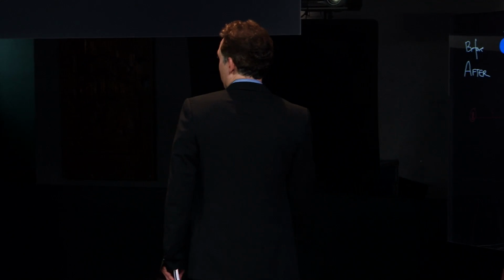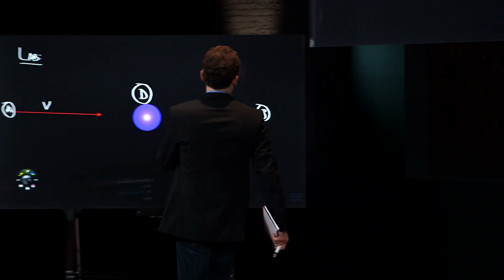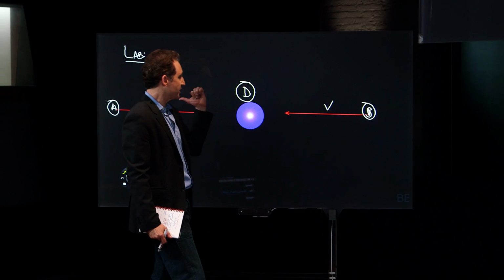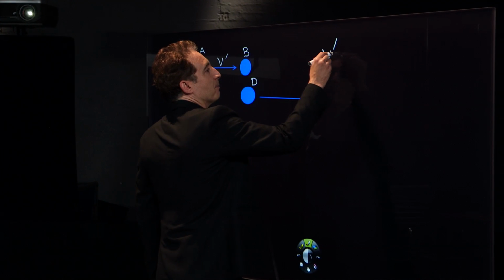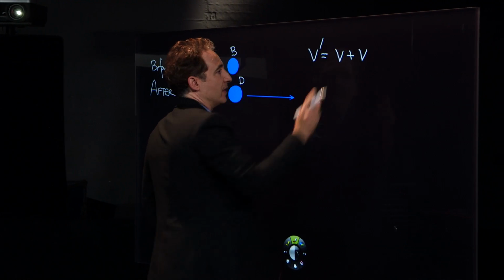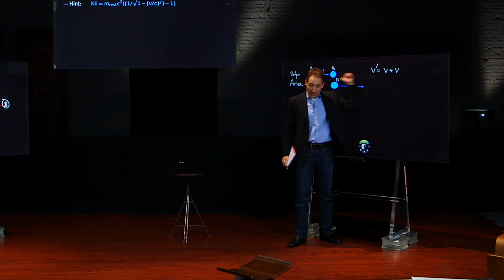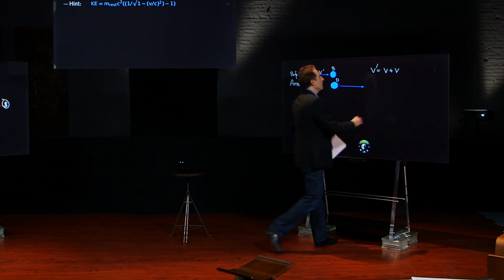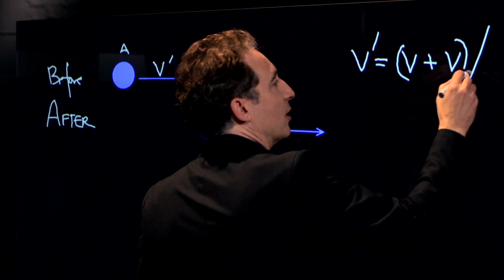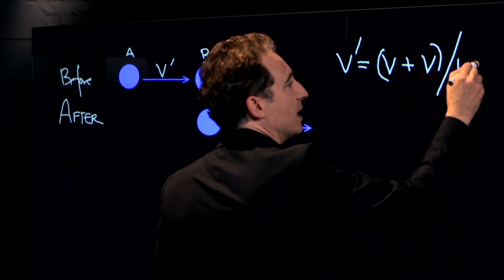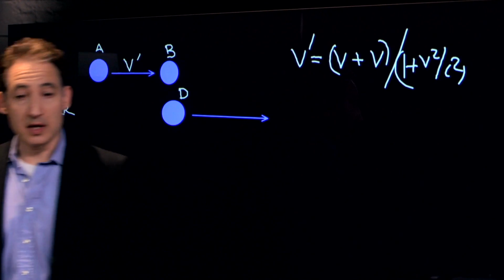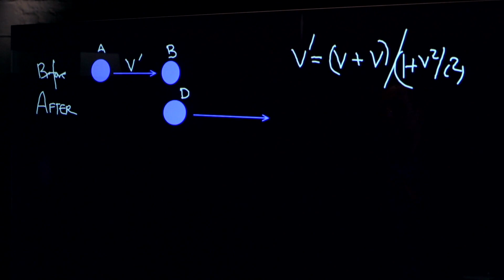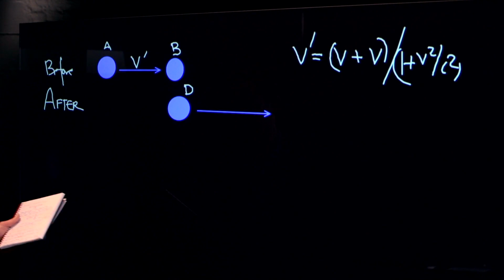Well, we know that the frame in which B is at rest is a frame that's moving this way with a velocity equal to v, which means that v prime gets increased by the amount of the velocity of that frame. It's got velocity minus v, because that frame is moving to the left, but we know there's a correction factor, and the correction factor is 1 plus v times v, v squared over c squared, just our favorite velocity combination formula. Good. So that's the velocity of particle A in this frame of reference.